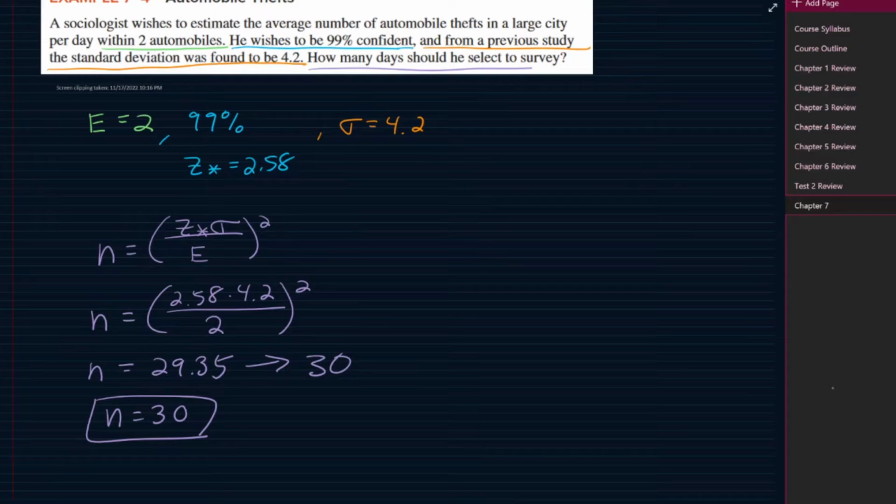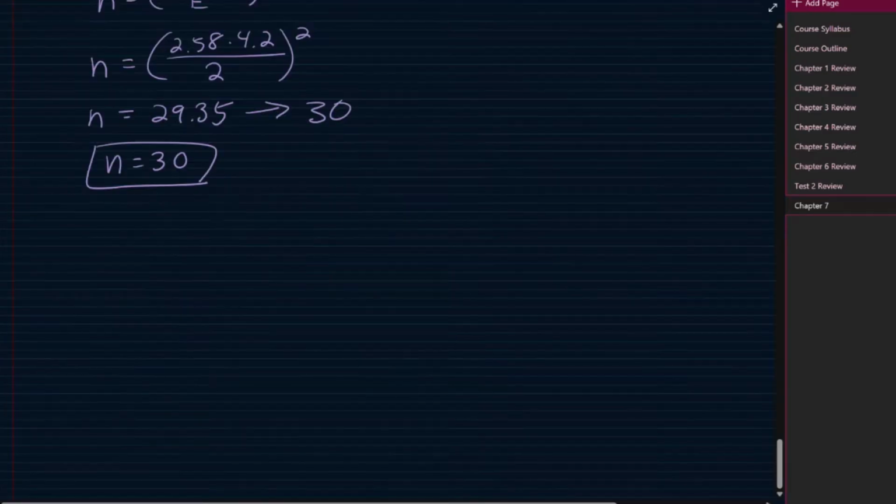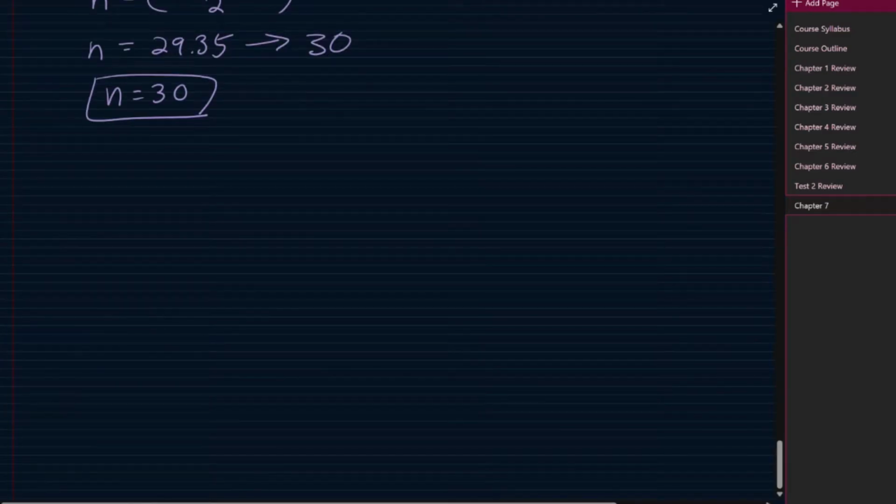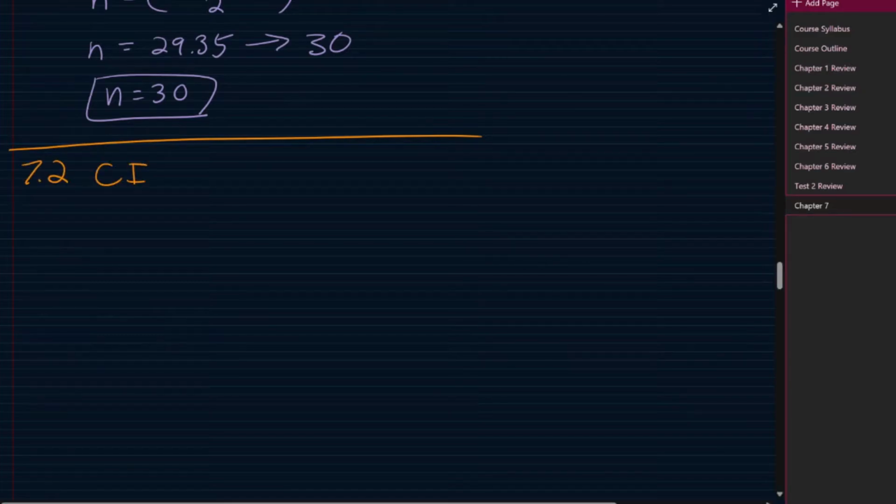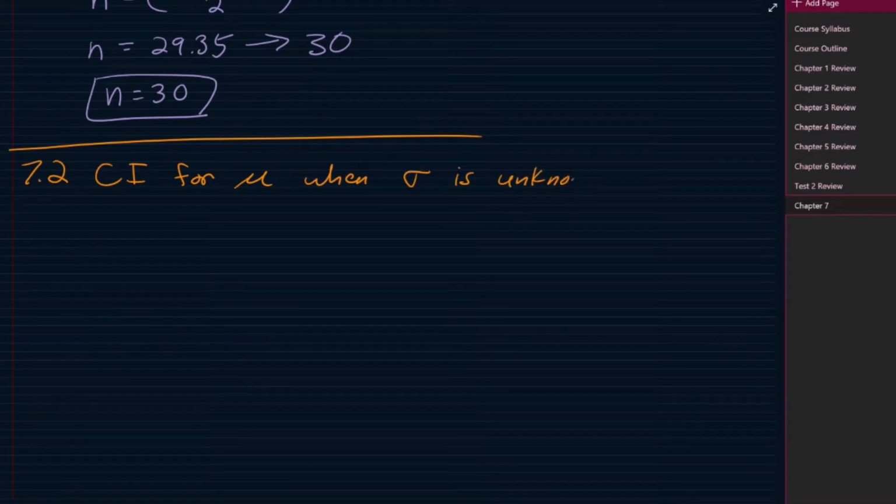So let's now move on to section 7.2, which is confidence interval for mean when sigma is unknown. Okay. So say we don't know the standard deviation of the population, right?